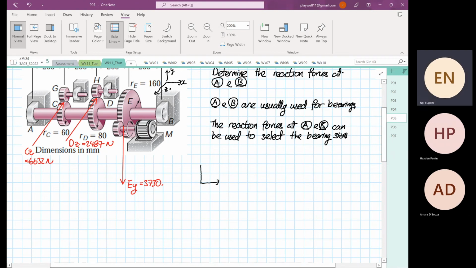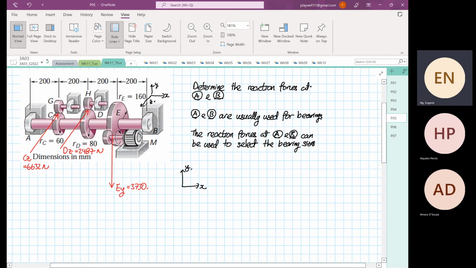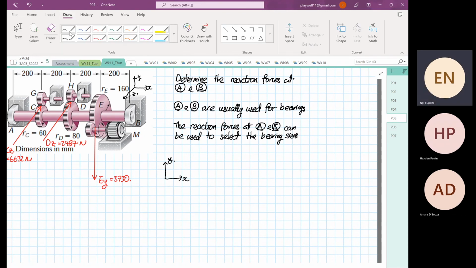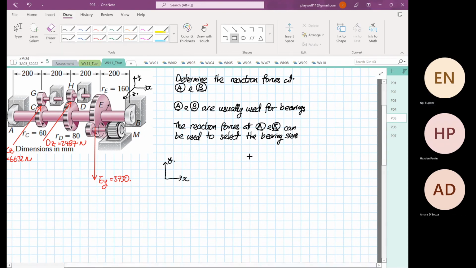Bear with me for another 5 minutes. We're going to view this in the XY plane. So we're going to draw the shaft, and they are all at equal distance.